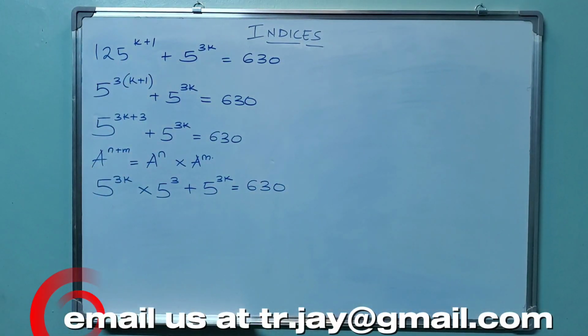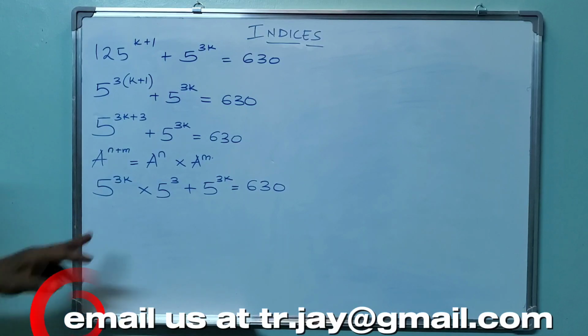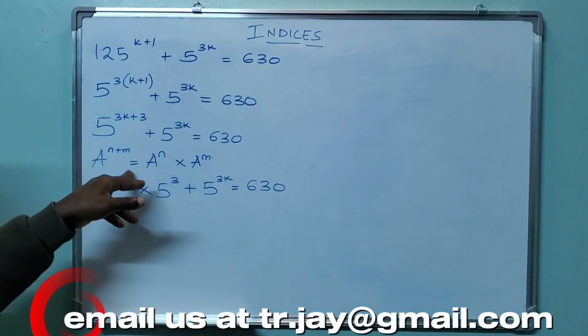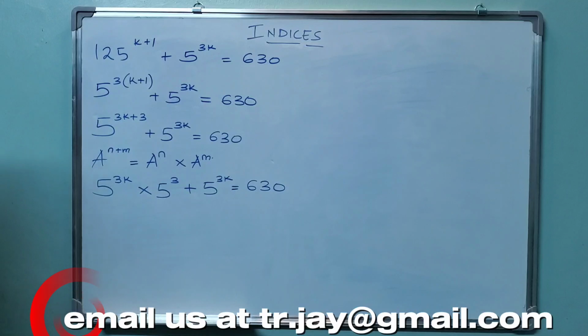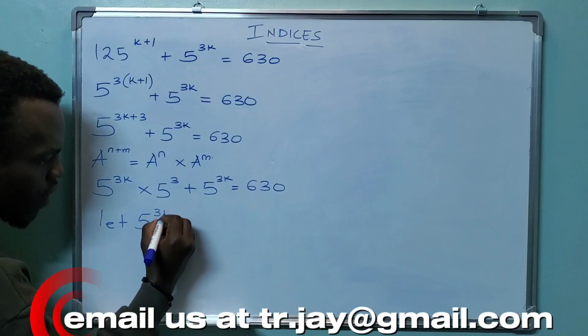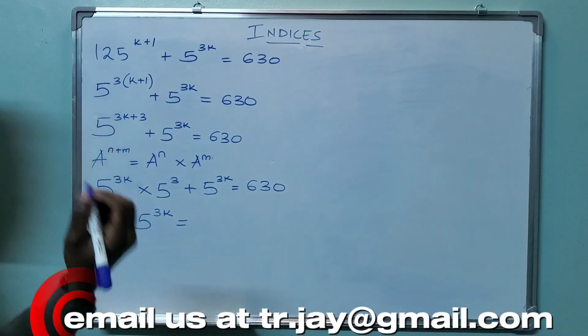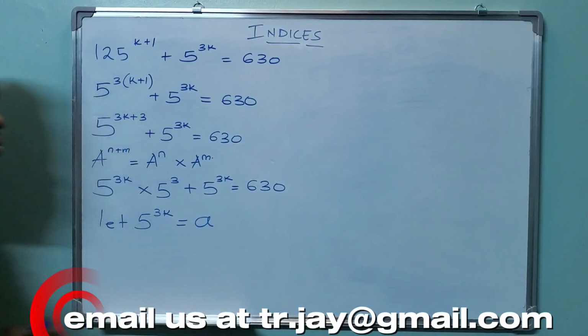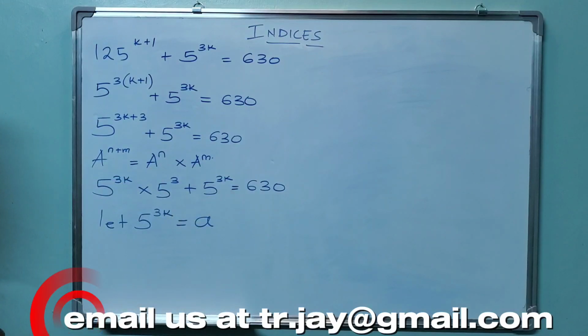Now, in this specific scenario, because I have 5 raised to power 3k and 5 raised to power 3k being a common one, I'm going to let 5 raised to power 3k be, let's say for instance, a. So where there is 5 raised to power 3k, I'm going to replace it with a.